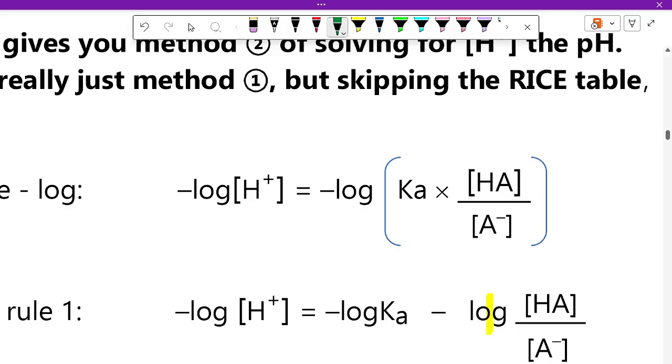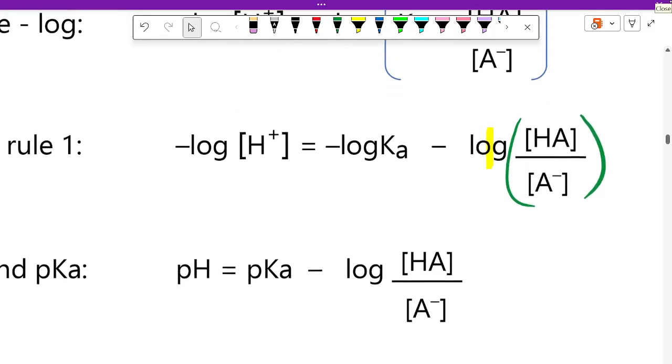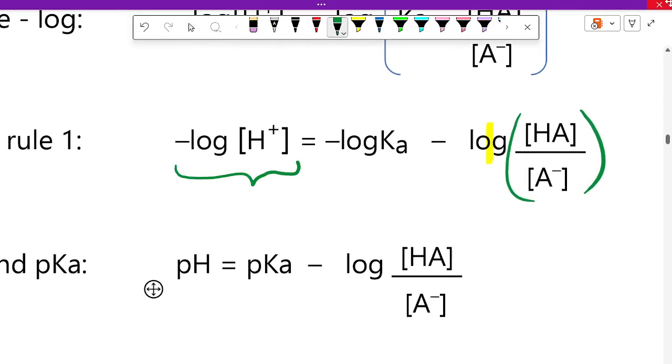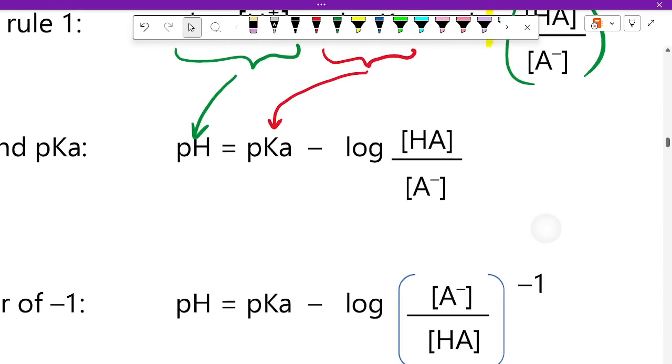I'll put this in brackets. We know that the negative log of H is the pH. We know that the negative log of Ka is the pKa. And we're still subtracting the log of HA over A. Now, what can we do with that negative log of HA over A?